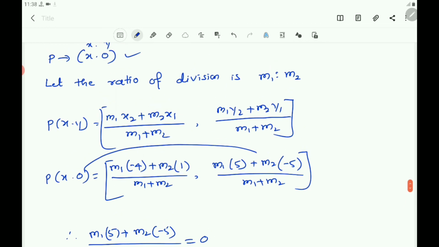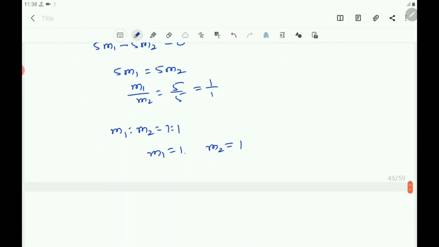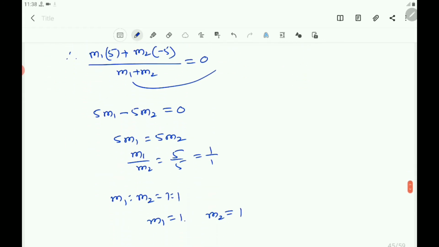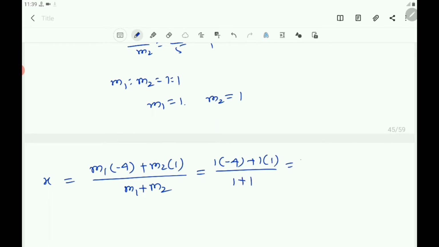Now compare the coordinates with the x. The x value equals (m1 into -4 plus m2 into 1) by (m1 plus m2). Put m1 as 1 and m2 as 1: (1 into -4 plus 1 into 1) by (1 plus 1), that equals (-4 plus 1) by 2, which is -3 by 2.